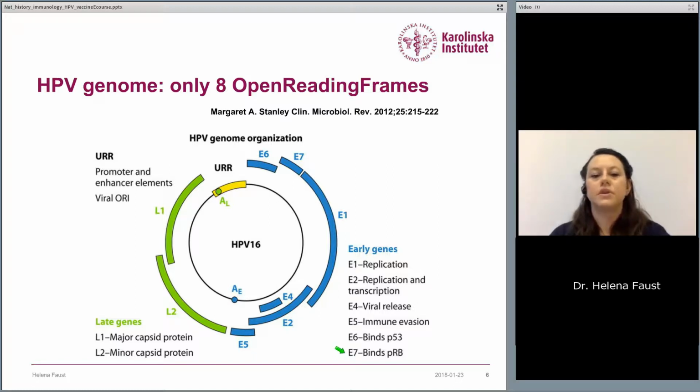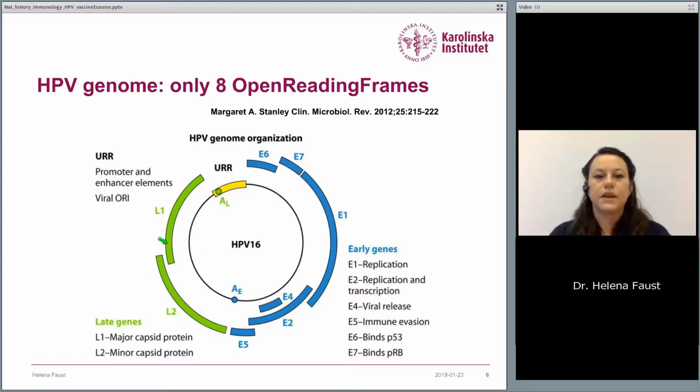E6 and E7 are known as oncogenes because they are making cells divide where they shouldn't. You can also pay attention that the E1 gene is large.